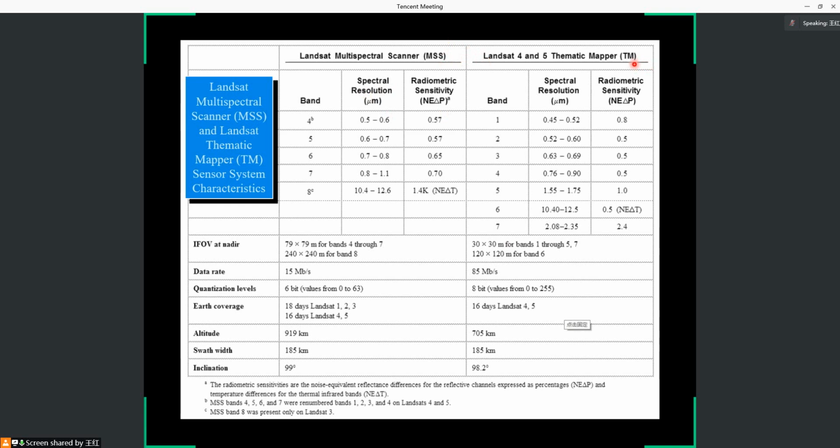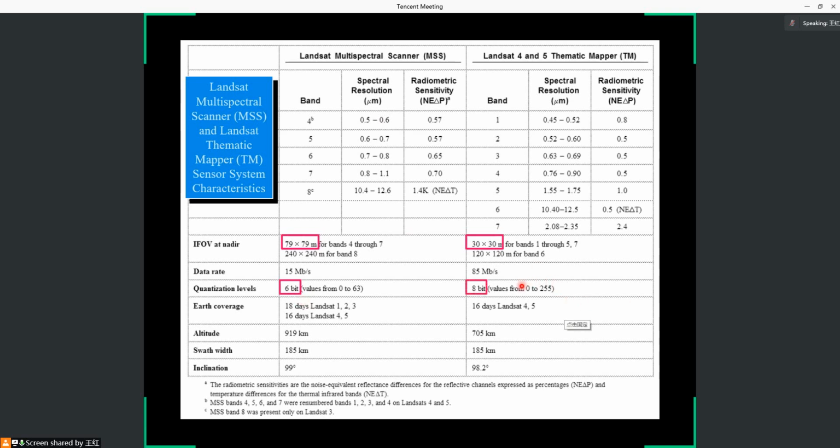This is the Landsat series, and these are some parameters for the two systems, MSS and TM. Here is the spatial resolution: for MSS it is about 80 meters, and for TM it is 30 meters. The quantization levels are 6 bit for MSS, but 8 bit for TM.